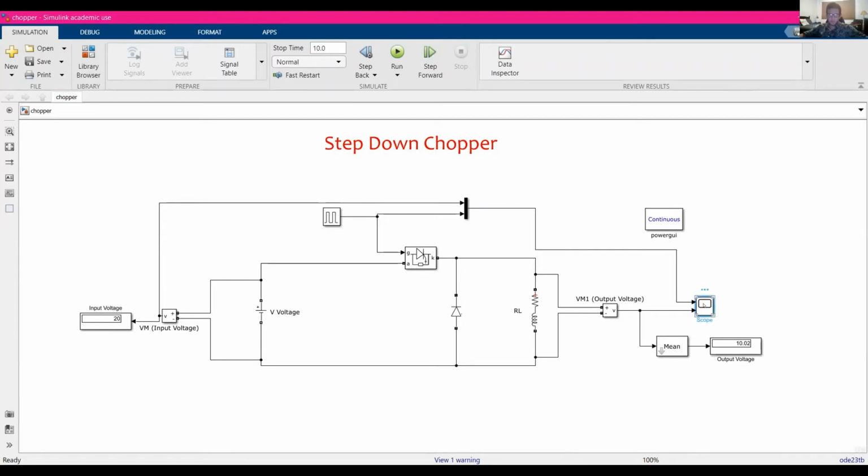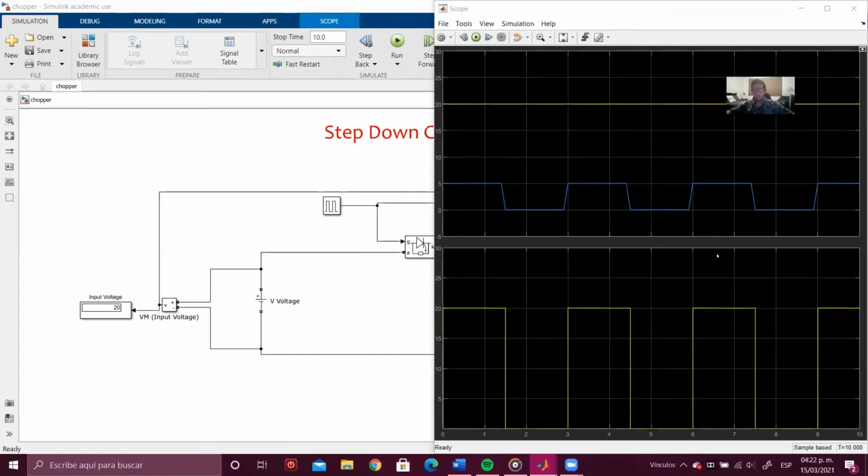And once we click here in the scope, we can see the behavior of the voltage and the current. We can see the voltage, which is in yellow, going to 20 and then going back to 0. And the current, as we said, is changing over time.